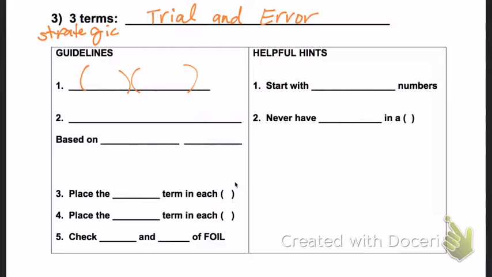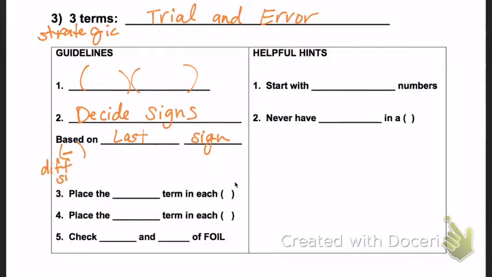Step 2, decide the signs. So, you're going to put your signs first. How you decide is you look at the last sign. If your last sign is negative, then your signs will be different.